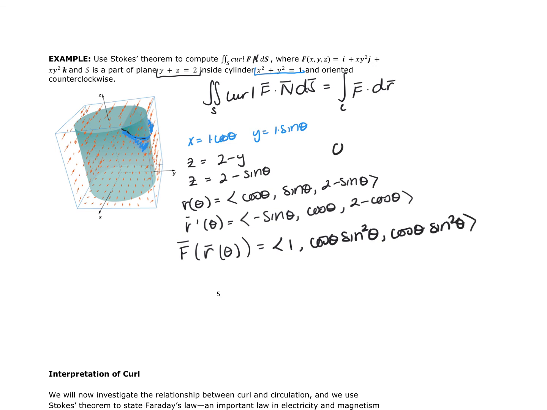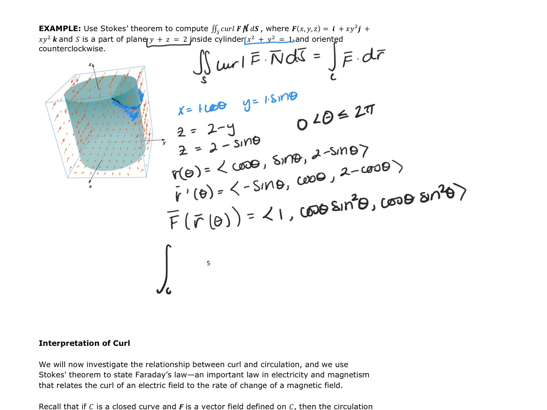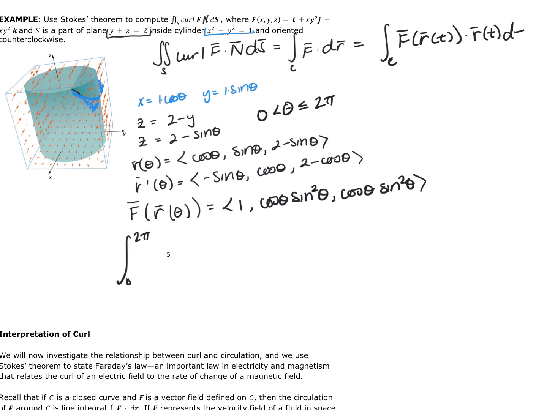My theta is going to run between 0 and 2 pi. So then my integration is from 0 to 2 pi. I'm going to rewrite this as the integral over my curve of f of r of t dotted with r prime of t dt, except I'm going to be using theta.